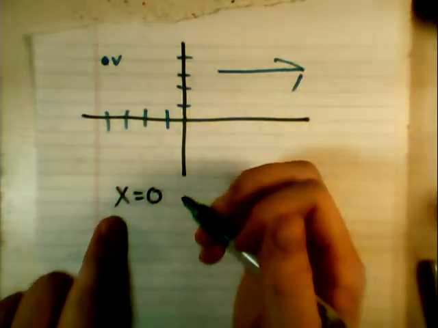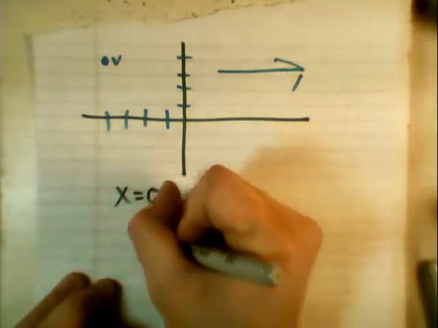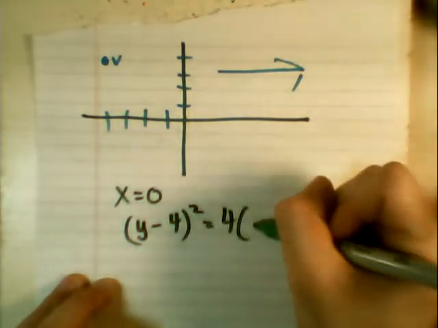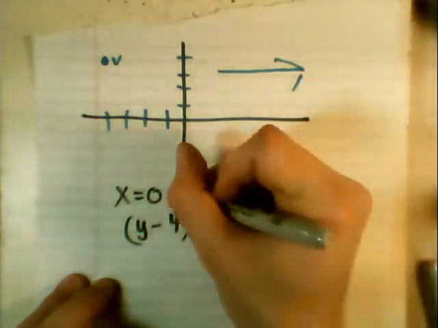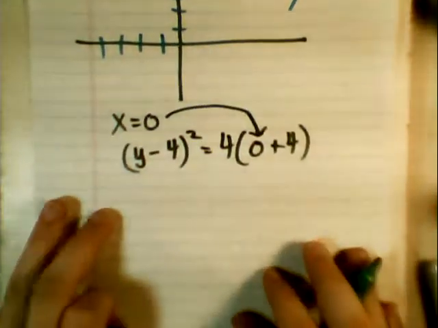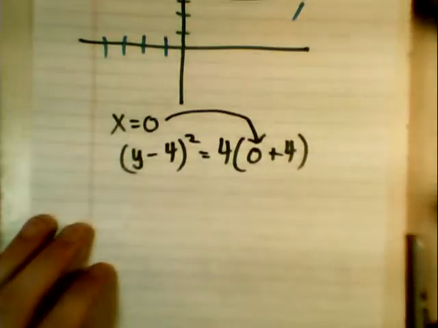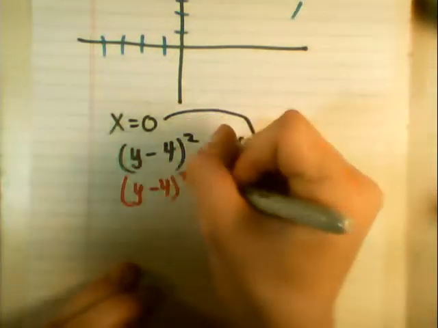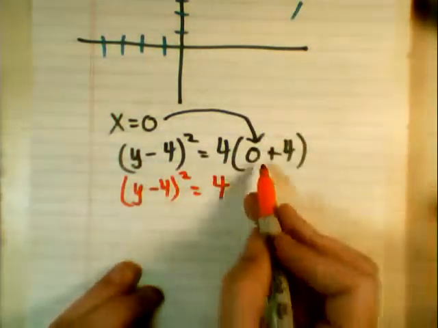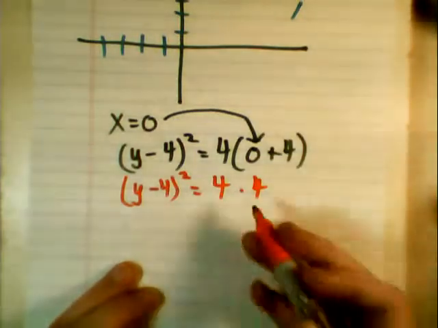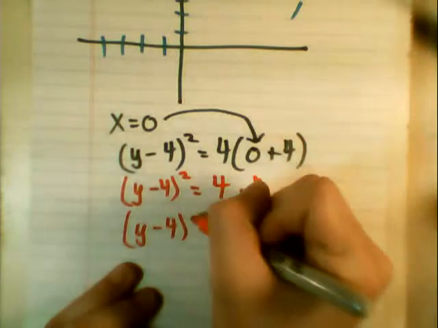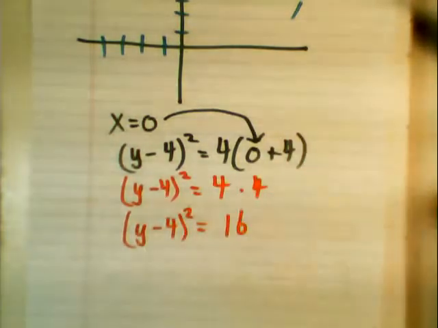So if we plug this into our original function, we get y minus 4 squared equals 4 times 0 plus 4. We plug that in right there. Okay, so let's solve for y. We have y minus 4 squared again equals 4 times 4, and that's going to be 16. So we have y minus 4 squared equals 16.